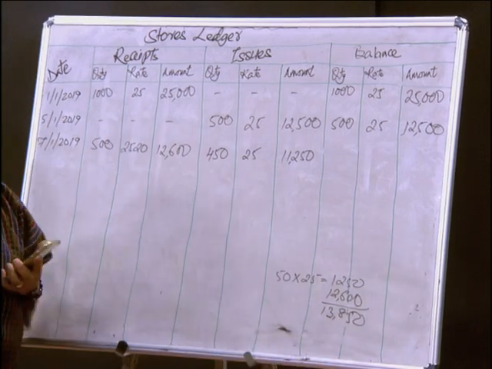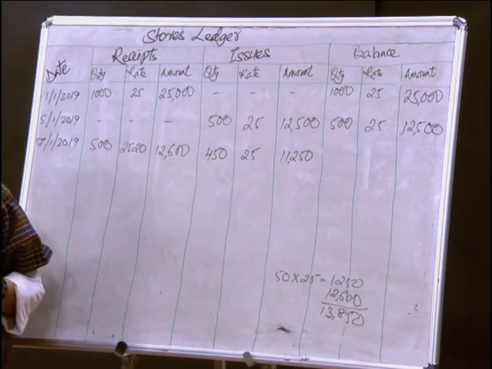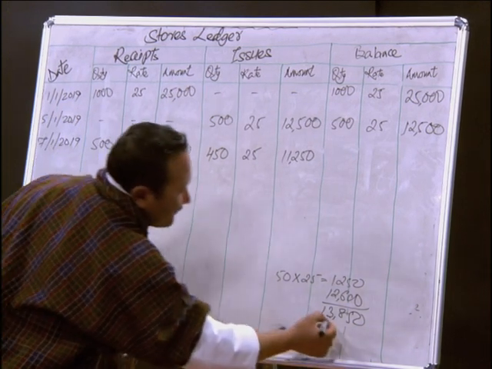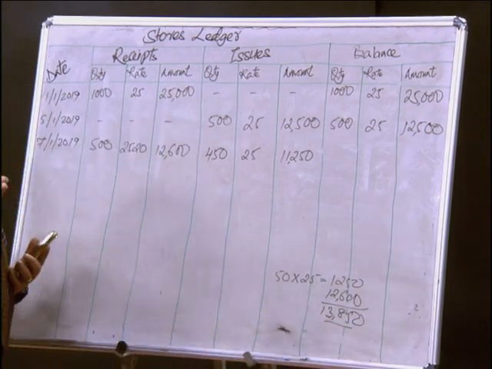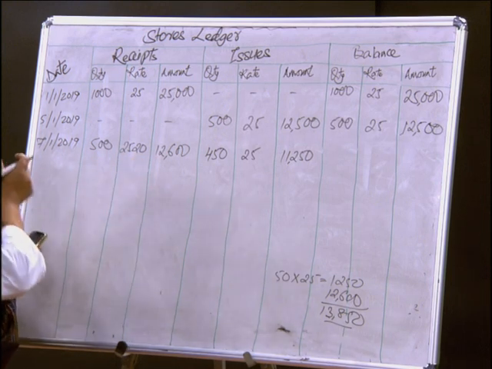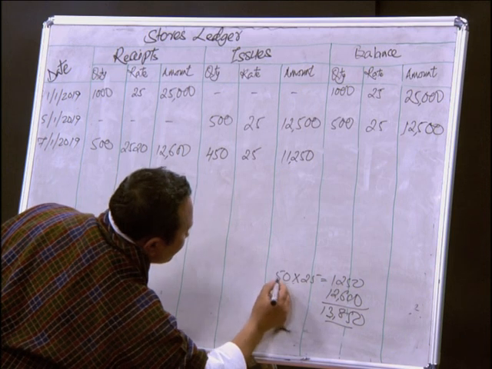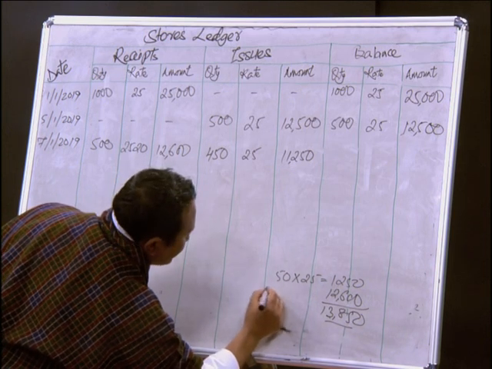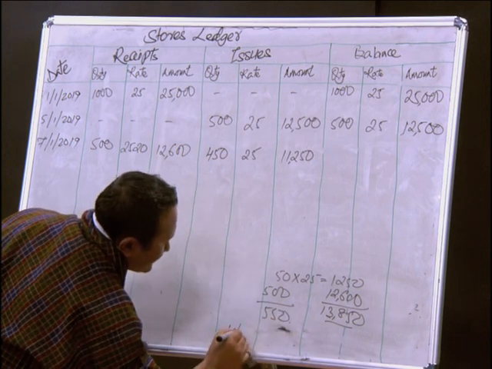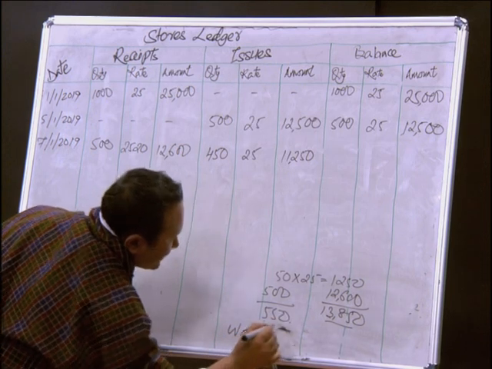So under the weighted average method, as I have already told you, the rate of issue is calculated by dividing the value by its quantity, which means whatever units we have. We have 50 plus 500, so altogether we have 550. So how do we calculate the price?